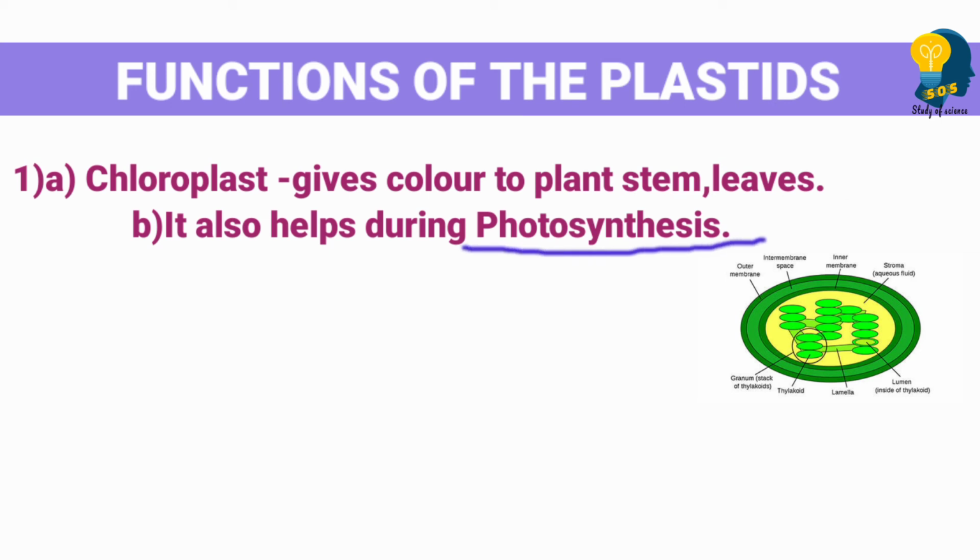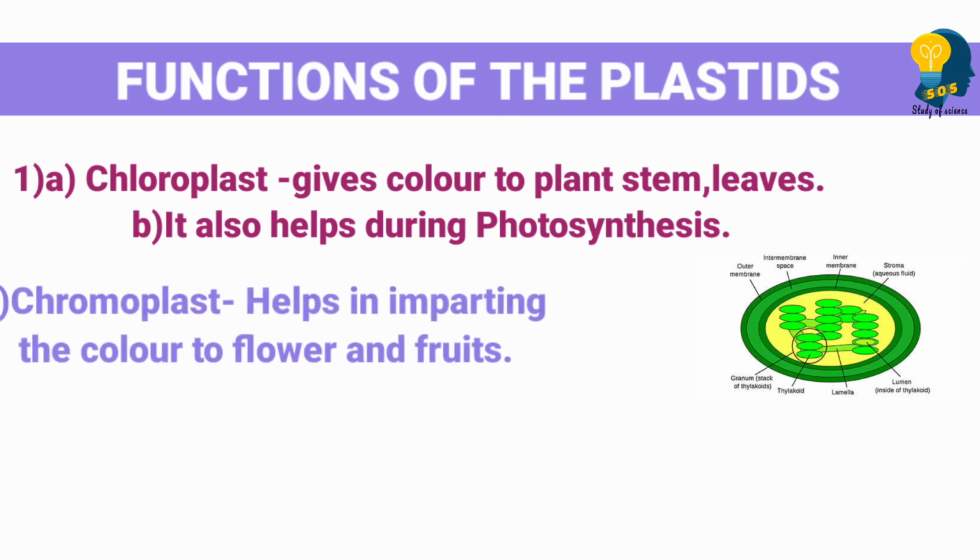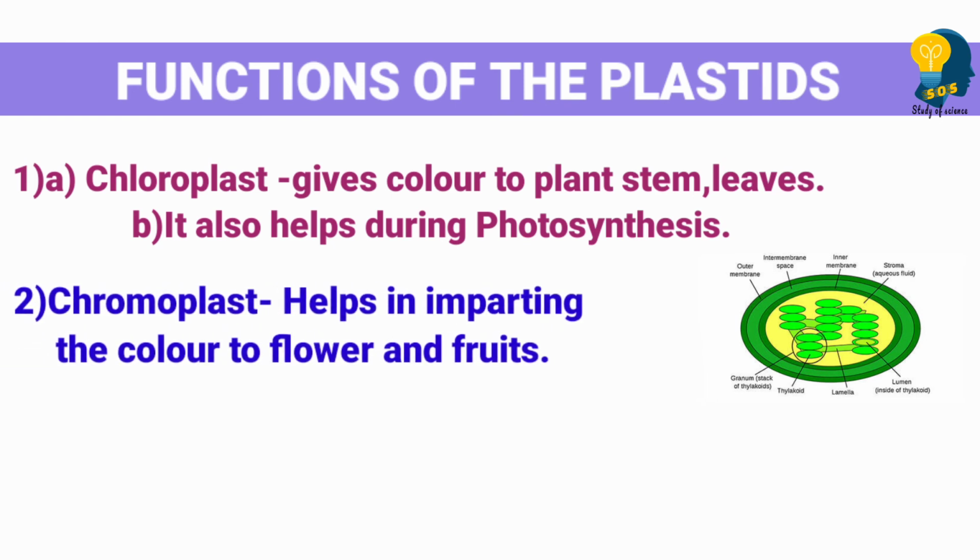What about chromoplast? Chromoplasts help in imparting color to the flowers and fruits because they have yellow or orange color. You might have seen that strawberries and oranges all have colors, right? These colors are because of the presence of chromoplast, which gives the color to the flowers as well as the fruits.